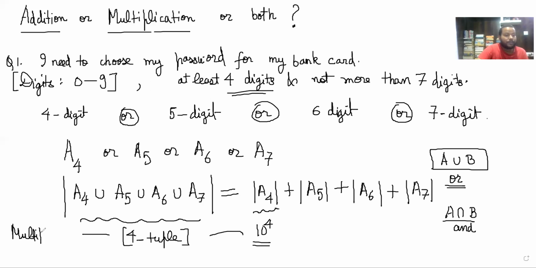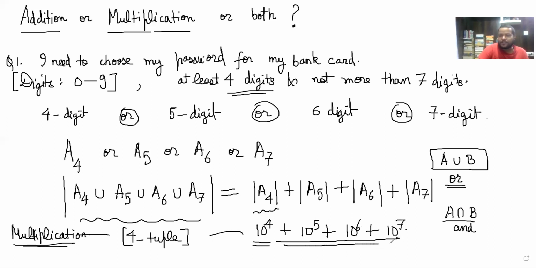If you go back to our previous video, we understood how to select 4-digit numbers, and any k-tuple you can select by the multiplication principle. I'm not going to go into details of that. It is very straightforward, so you can revisit that video and it will be clear that this is the answer. So this is our solution for this question.